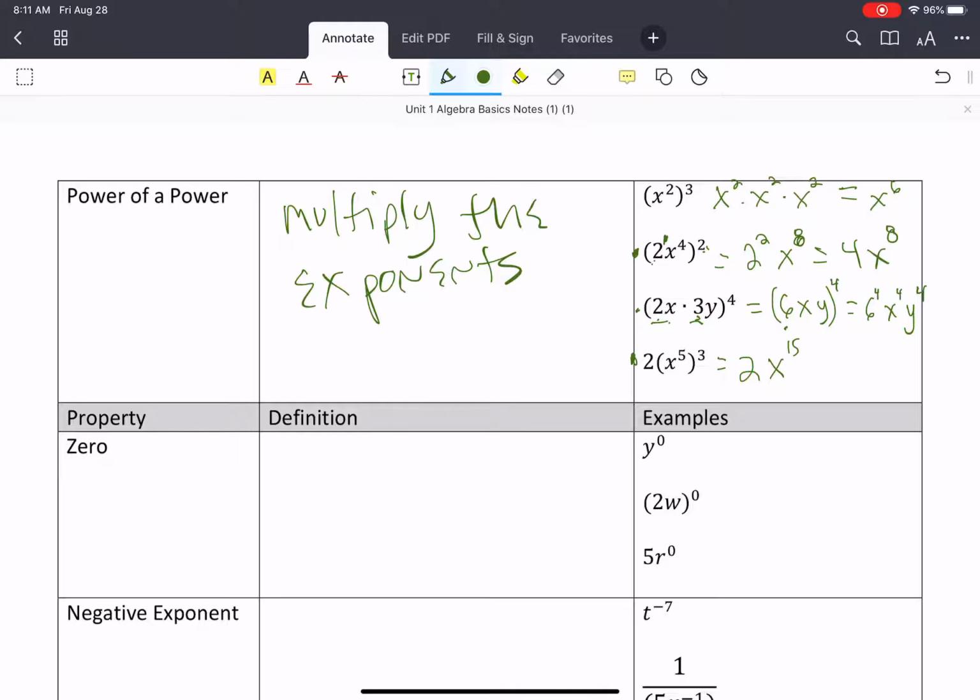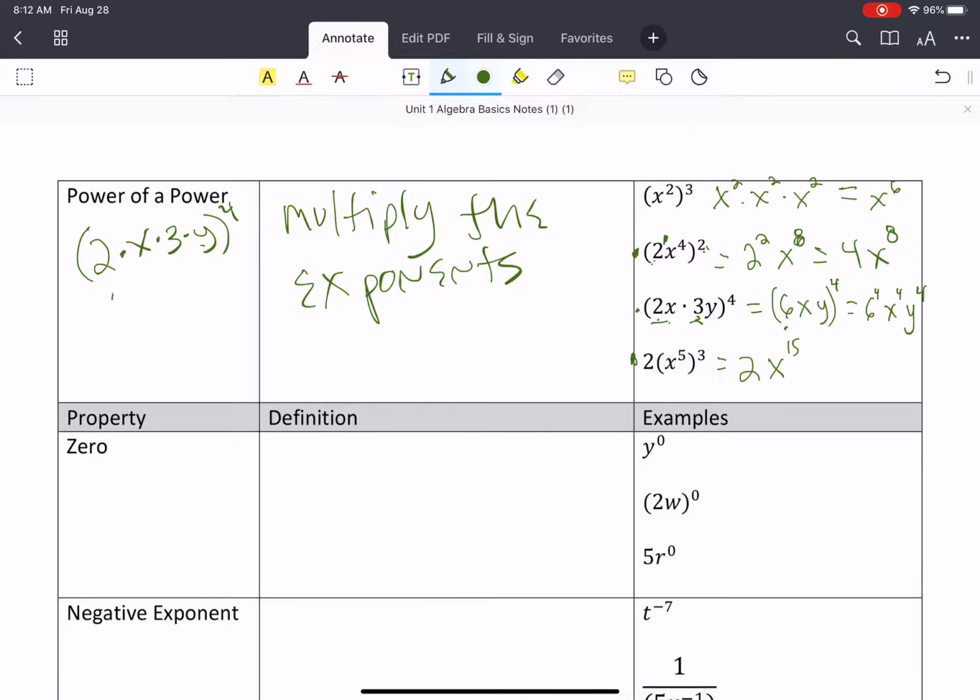Okay, I can try. On the third one, before we can distribute the 4, we need to simplify inside the parentheses. So this dot in the middle here, that means multiplication, right? But don't we also assume multiplication if 2 things are next to each other with nothing between them? So this really is like 2 times x times 3 times y. They're all being multiplied together. But these 2 numbers are the same, so I need to multiply those.